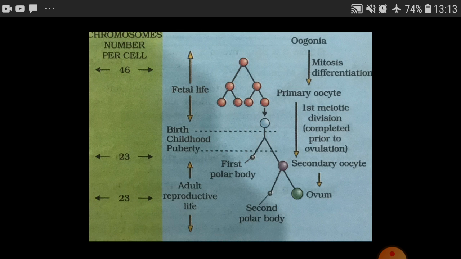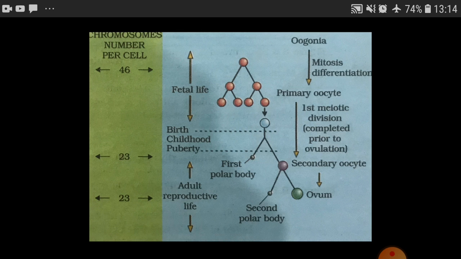These cells start division and enter into prophase 1 of the meiotic division and get temporarily arrested at this stage, known as primary oocytes. So the division is arrested at which stage? At prophase 1 of the meiotic division.